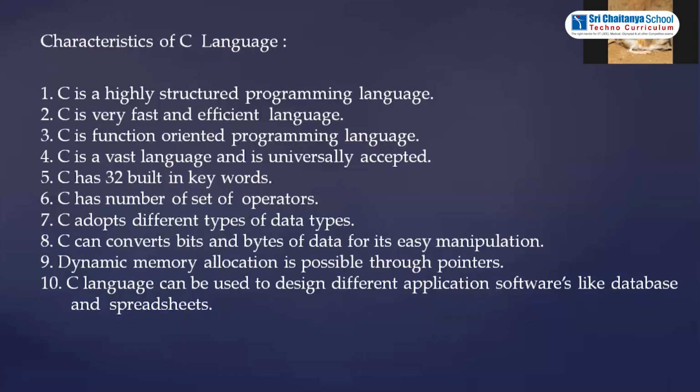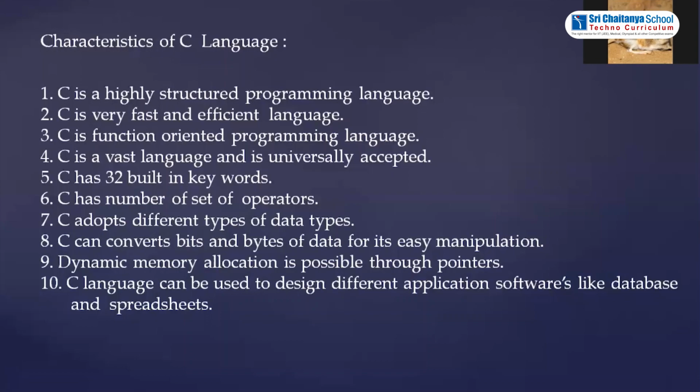I need an addition operator. And then C also adopts different types of data types. I'll explain what a data type is in detail, but as of now, understand that a data type is nothing but the type of value that is stored and that can be operated on by using your operators.